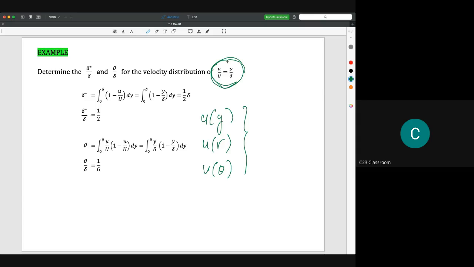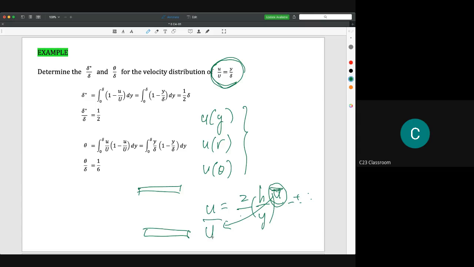If you look back at your notes in chapters 1 to 3, whether it is two parallel plates or otherwise, you will get the velocity u equal to something, and you bring the capital U to the left-hand side to have u over U.